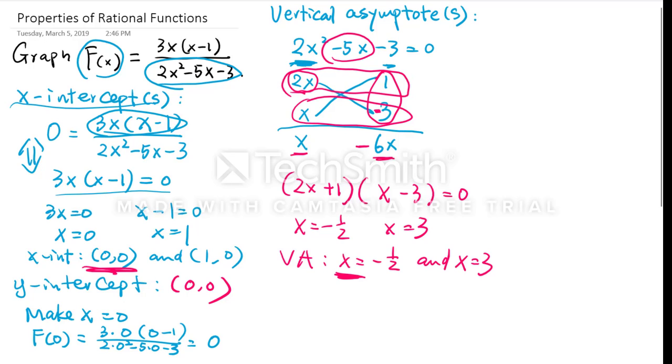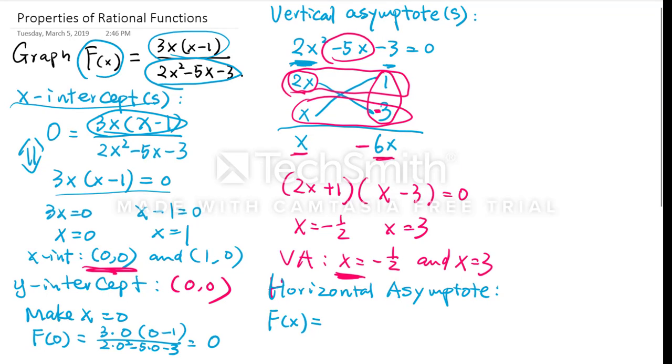Now I want to look at the horizontal asymptotes. All right. So now let me write down the function. f of x equals, all right, I'm going to expand the top here.